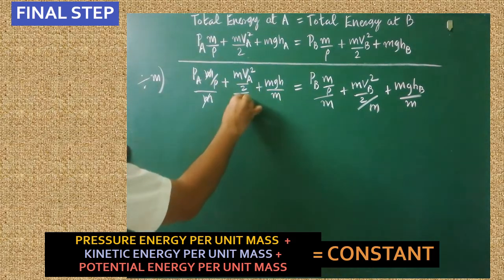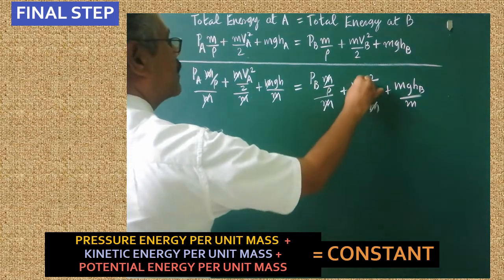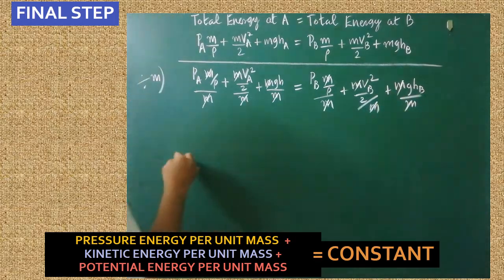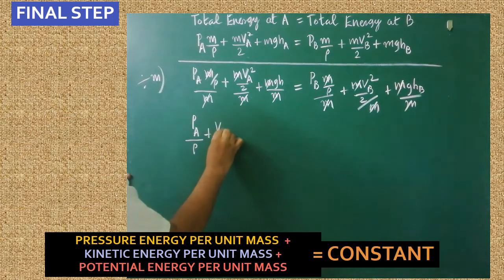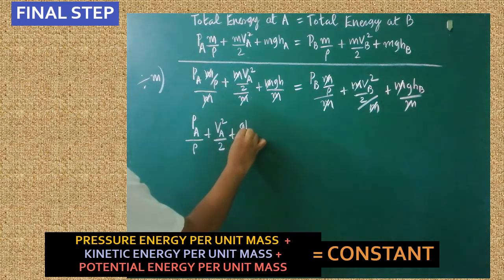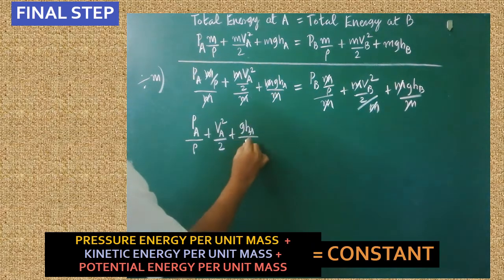Cancel the m in all factors. After cancelling, finally you are getting PA divided by rho plus VA square divided by 2 plus g HA.